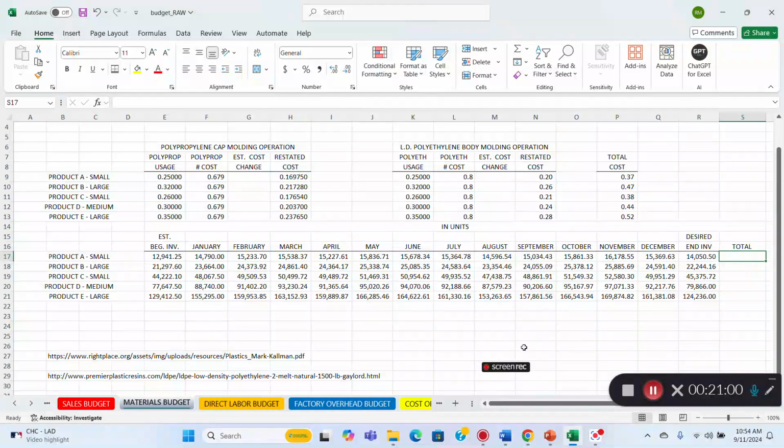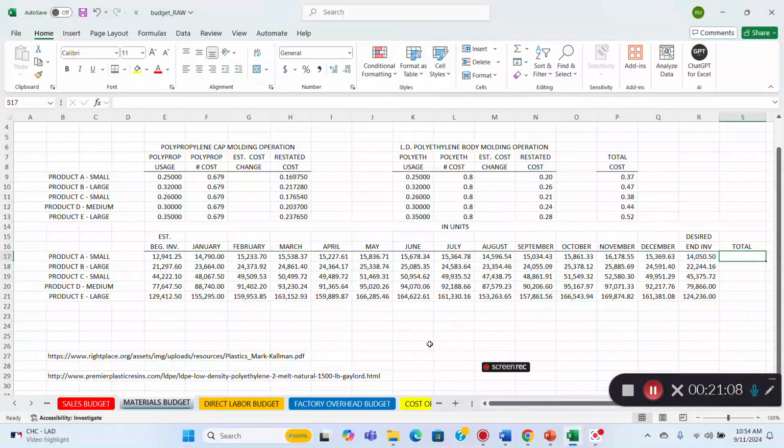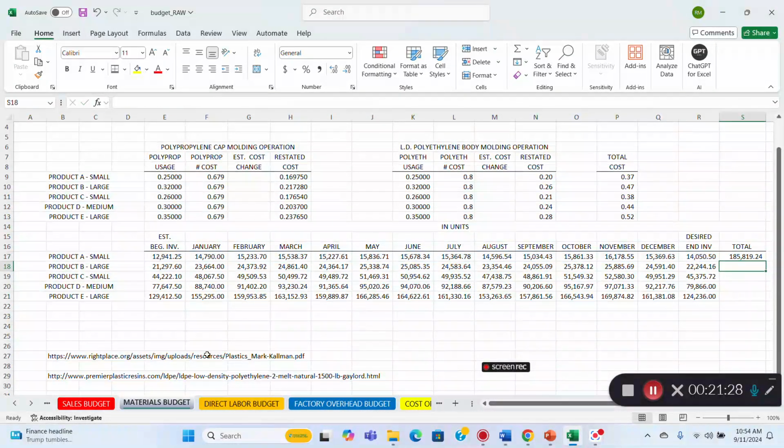And then finally, the total in terms of inventory, I'm going to equal the sum of all of these from January all the way over to the ending inventory, close parentheses, minus the beginning inventory. And that's the total expenditure that we're going to have for that particular group of products in terms of cost of goods sold.